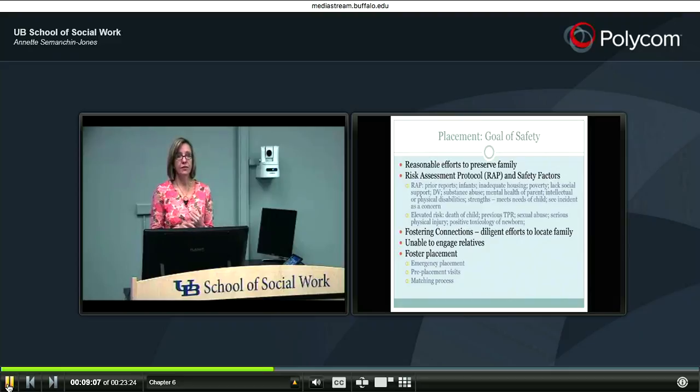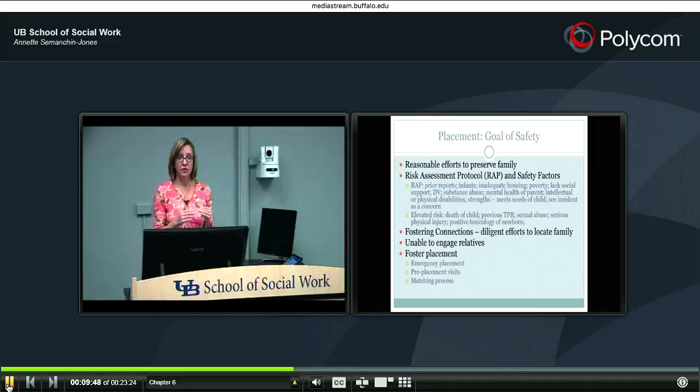So even if a child cannot remain with their biological parent, for a short time or long term, the next step would be to identify and engage family members that might be able to take that child in. We've talked about this in previous modules, so kinship is first. If they're unable to identify relatives, or they're not available or not appropriate placements, after all of those things have been done, family preservation, kinship, if none of that is successful, then a child may be placed in foster care.